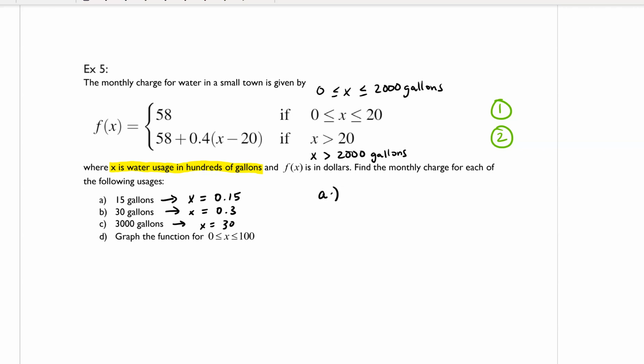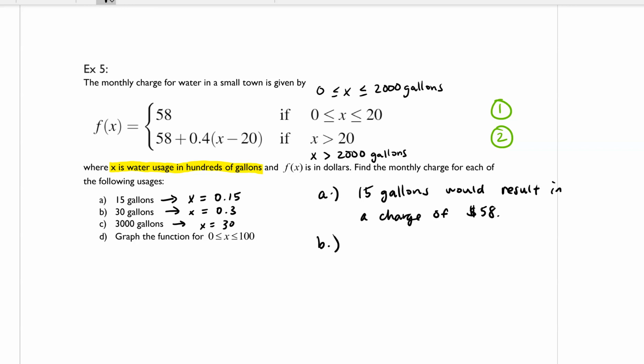In the context of this problem, if the town uses anything below 2,000 gallons, it's just a flat rate of $58. So 15 gallons would result in a charge of $58.